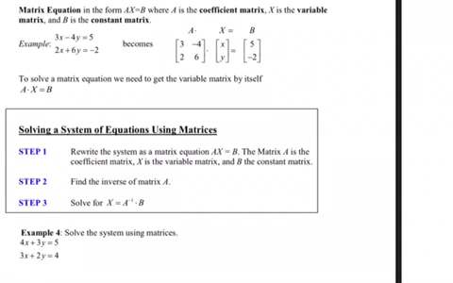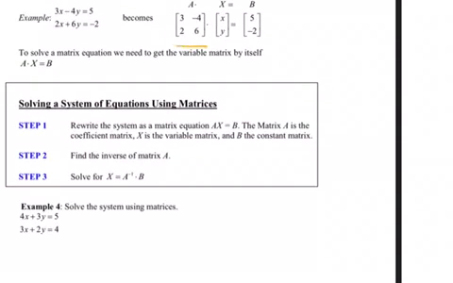Alright, so now that we've seen a little bit of that, now we're going to look at solving systems of equations. I'm only going to do the 2 by 2s by hand. When you come in next class, we will do the last example that has 3 or more variables to solve for, and I'm going to show you how to do this on your calculator. So to start, to set up, I'm going to use a coefficient matrix for matrix A, then times x by y.